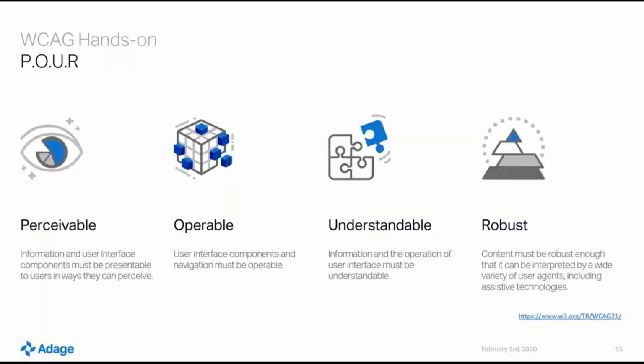The guidelines in this category are to ensure that information and user interface components can be presented to users in ways that they can perceive, depending on what senses they have available or how they're interacting with the site. O is operable. User interface components and navigation must be operable by all users. U is understandable. Information and the operation of the user interface must be understandable to all users. And R is robust. Content must be robust enough that it can be interpreted by a wide variety of user agents, including assistive technologies.